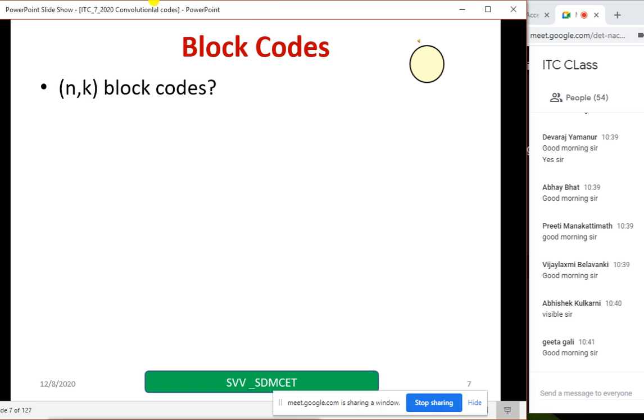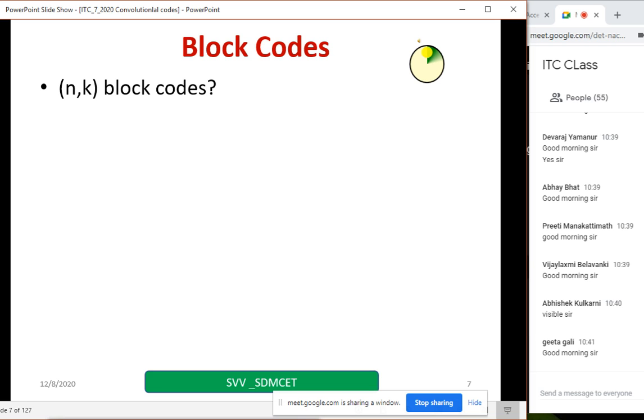You can type your answer in the chat box. Even if it's wrong, no problem. Try to type it.